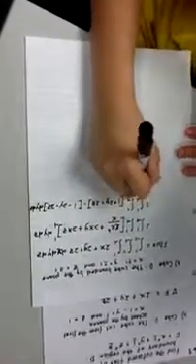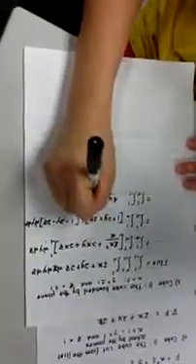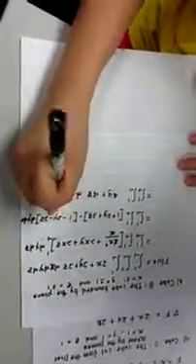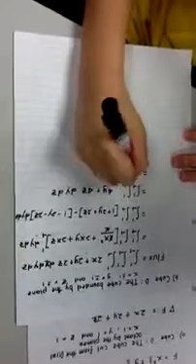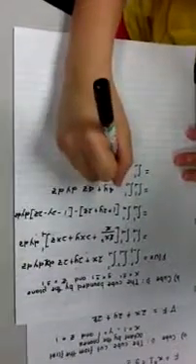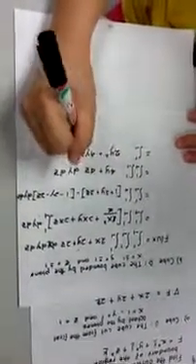So we get the answer 4y plus 4z dy dz. After that we integrate the second part, the y part. So 4y becomes 2y squared plus 4yz.